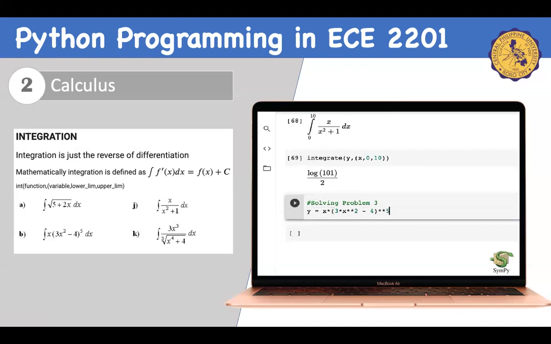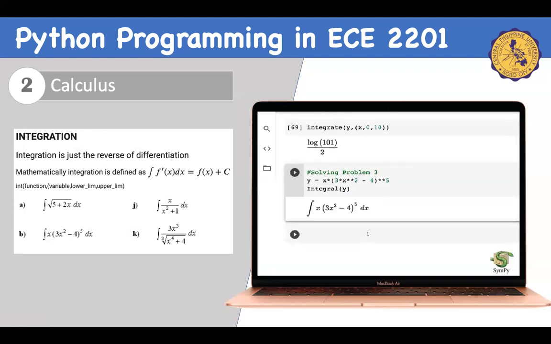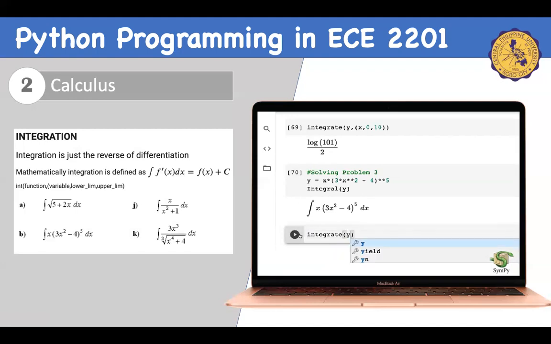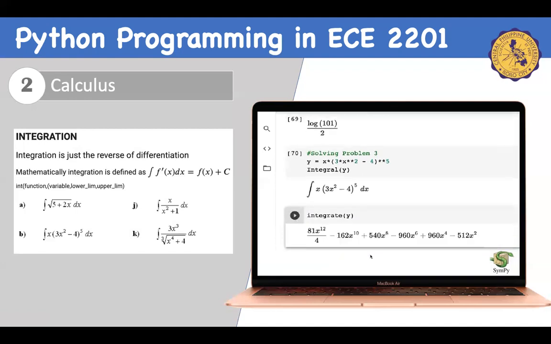So double asterisk 5. And then we are going to display the integral. Let's say integral of y. So we have a beautiful integral of y. Then integrate to solve the value of the integral. So integrate with respect to x. It is assumed that the integral of that will be these terms. Okay.